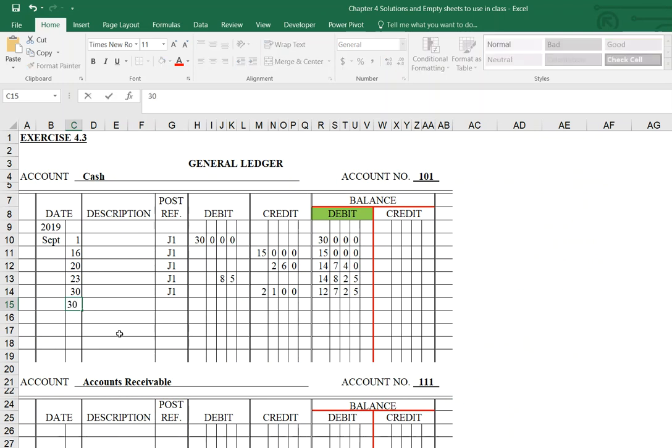So the 30th, journal page 2, took out $1,500. Subtract that from 12,725, and we come up with 11,225. And back to post reference that.